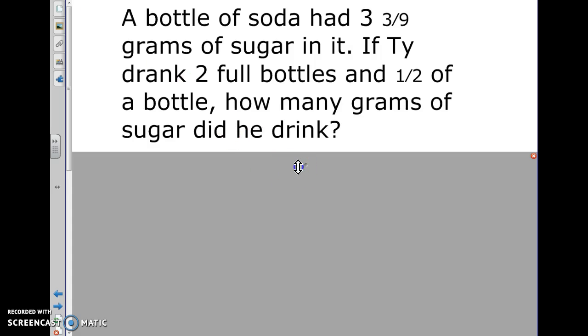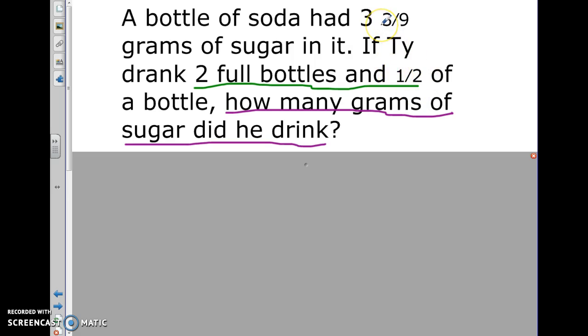Okay, so again, we've got to know what kind of math we are doing here, right? Let's go ahead and look at the question. How many grams of sugar did he drink? And we know that he drank 2 full bottles and 1/2, so that's the same as 2 1/2 bottles.